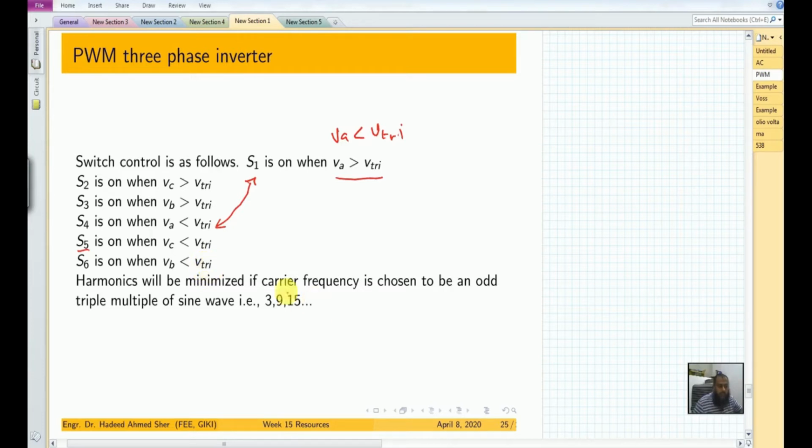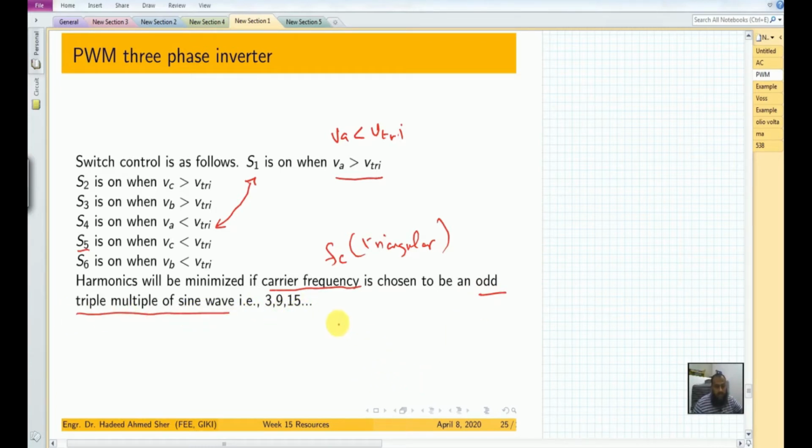It should also be noticed that we can minimize the harmonics in the output spectrum if we choose our carrier frequency fC, which is a triangular wave frequency, to be an odd triple multiple of the sine wave frequency, that is 3, 9, 15.